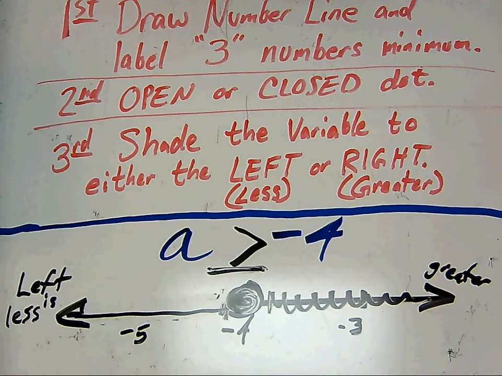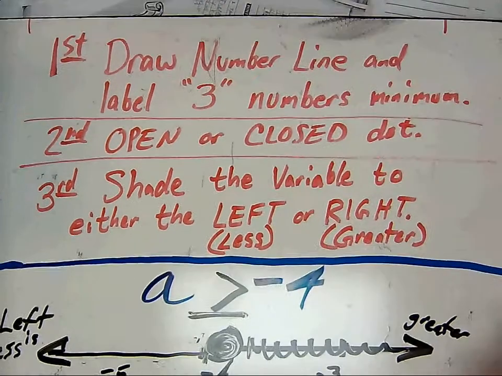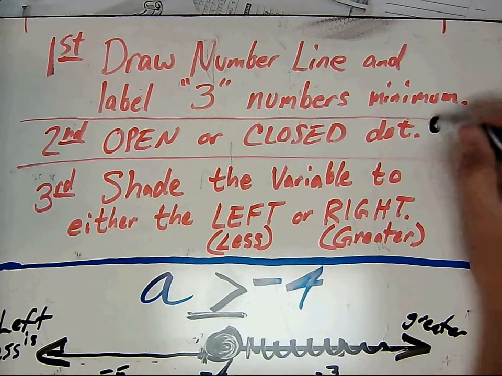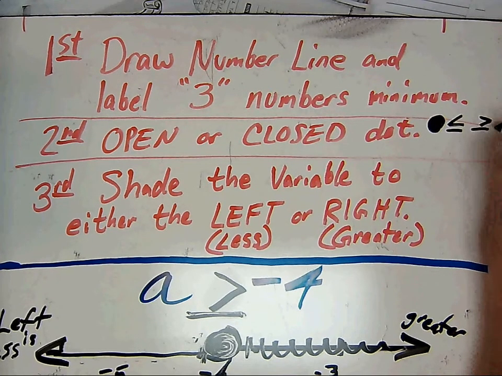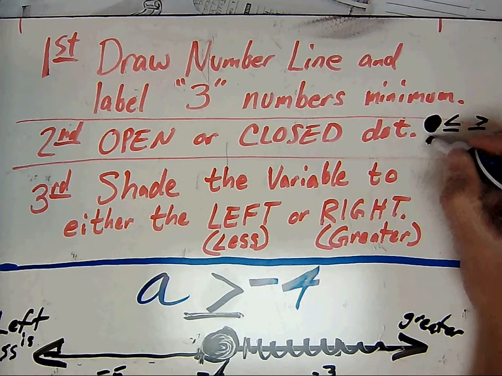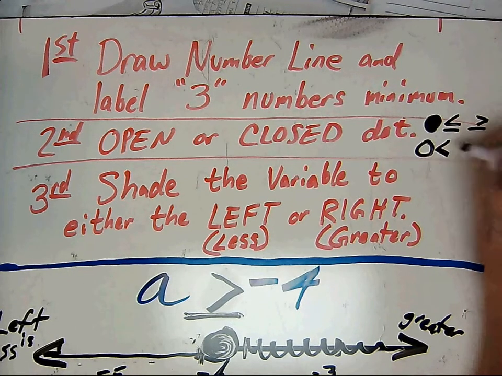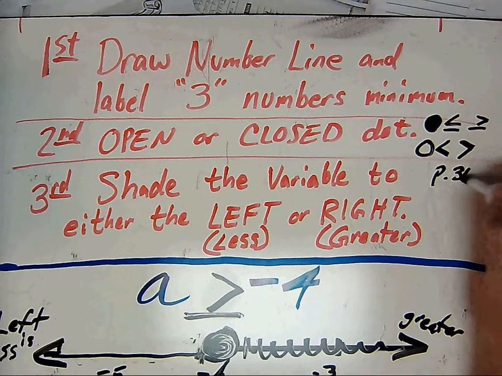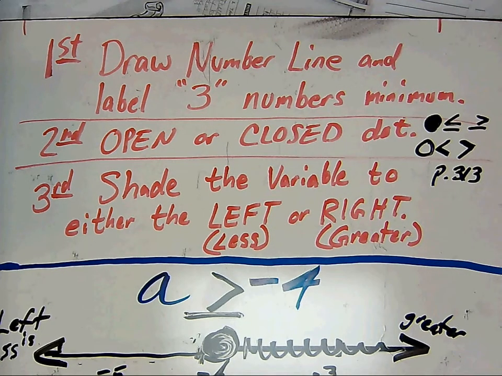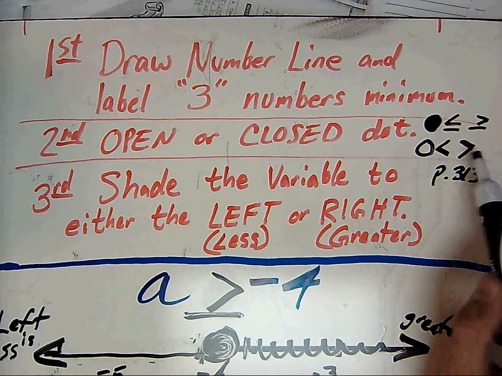So for the opens and closes, if it's a closed dot, that means you have less than or equal to, greater than or equal to. And if it's open, that's because you have a less than or a greater than. And again, that's on page 313 in your book if you need to see that again. Closed dots if it has or equal to, open if there's no or equal to.